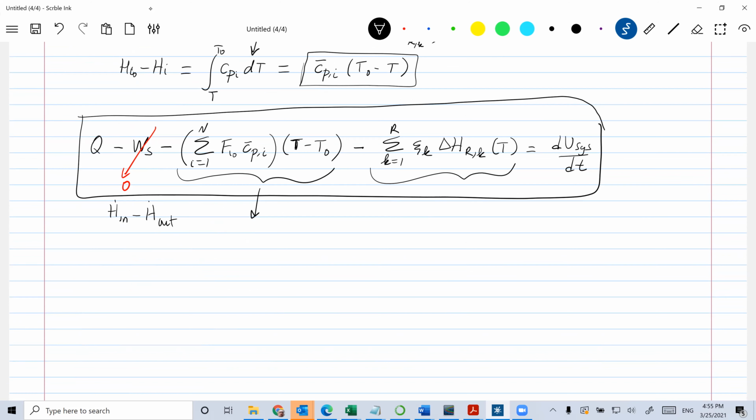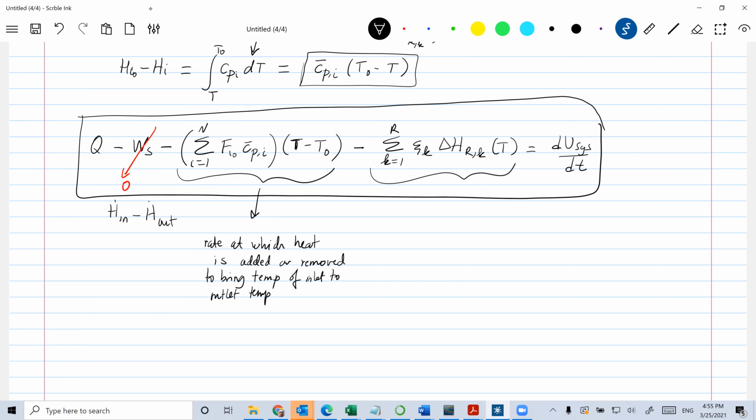That is the rate at which heat is added or removed to bring the temperature of the inlet to the outlet temperature.